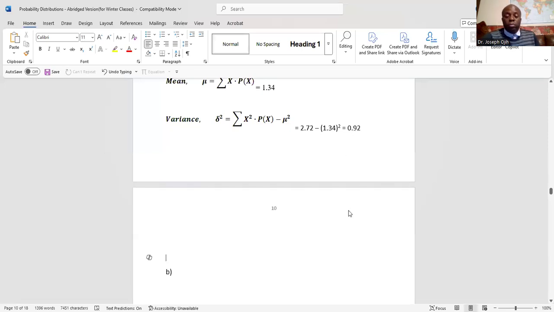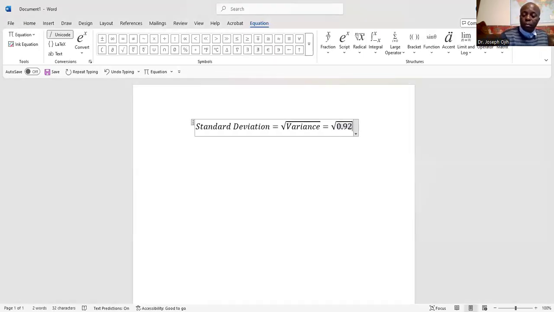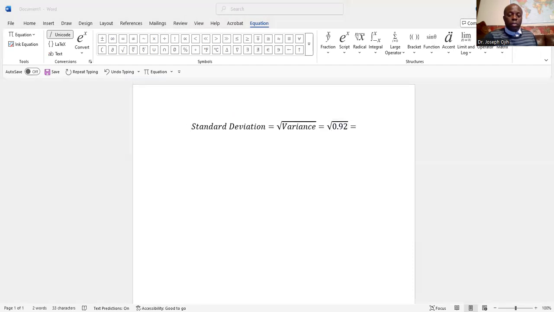That means the square root of 0.92 is 0.96.